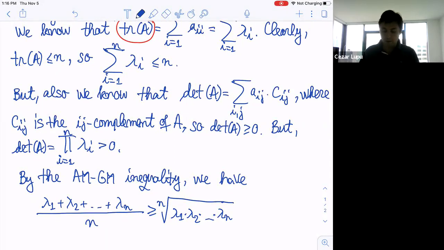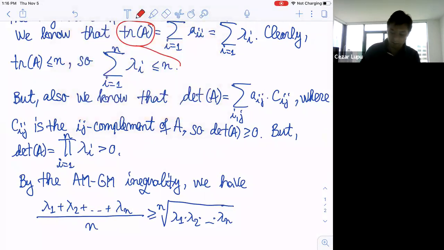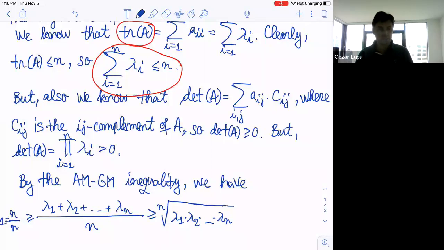But now I know that the sum of the lambdas, look here, I obtained this inequality here, will be less or equal than n over n, which is 1, right?